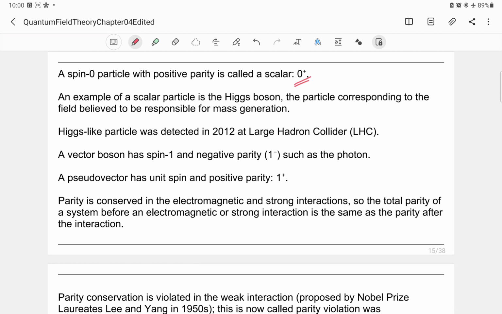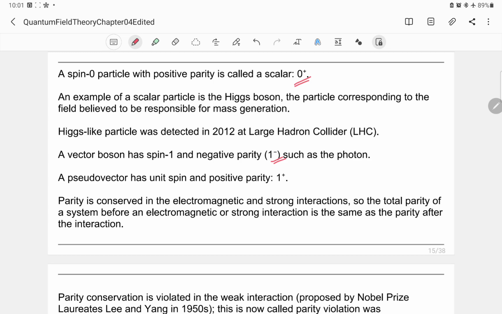Now, you have a boson with spin 1, and their parity is negative, such as the photon. So it's labeled by this.